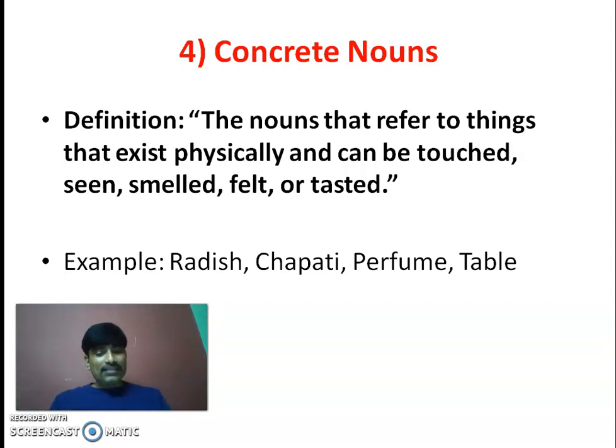If I say that the chapatis are lying over there, you can see it, you can taste it, you can touch it. Perfume, you can smell it, you feel the aroma over there. If I say there is a table, you can go and watch it, you can touch it, you can sit on it. So these nouns are concrete nouns.